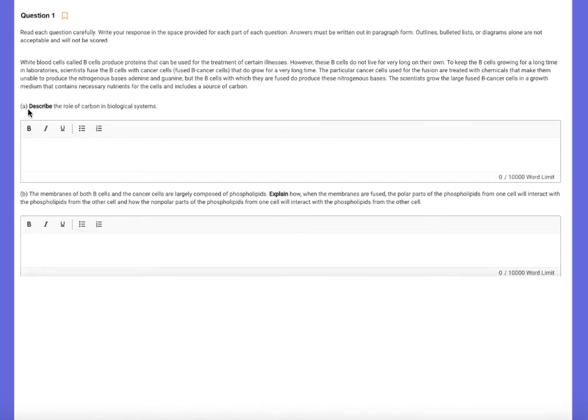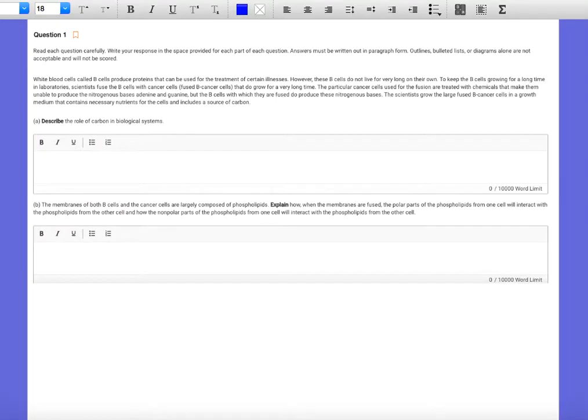So the first thing is going to be describing the role of carbon in biological systems. In order to answer this, there are a few things you should probably remember about carbon. Carbon has 4 valence electrons, which enables it to bond with 4 other atoms.